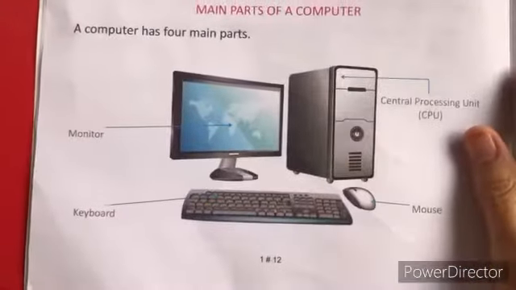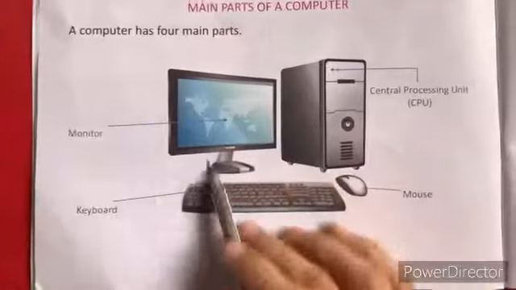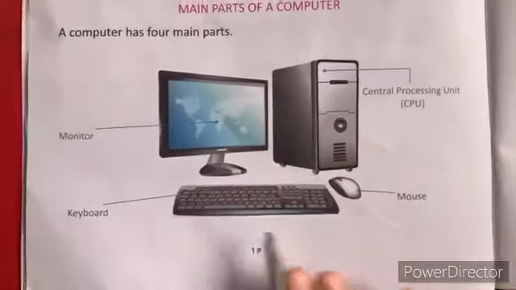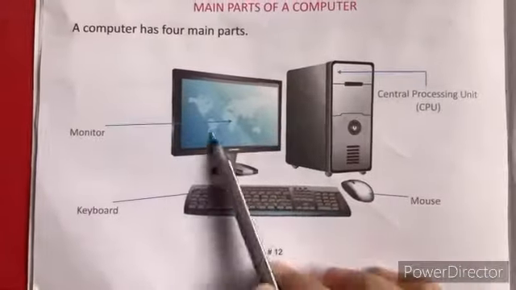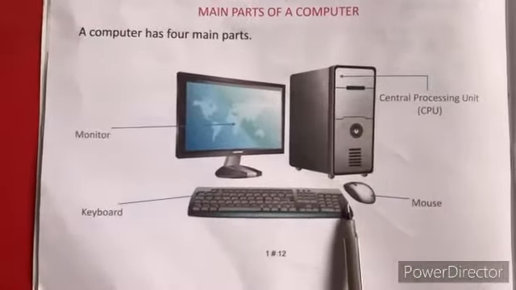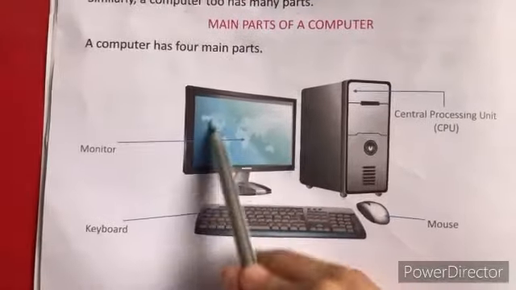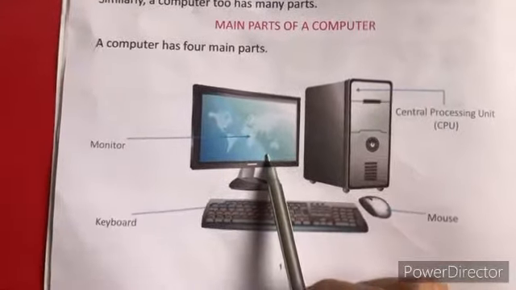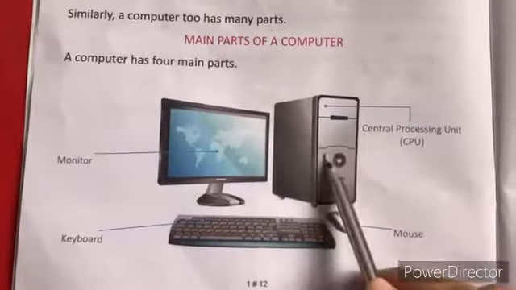See here in your textbook, this is a computer, and all of this is part of the computer. This is the monitor, it looks like a television, right? This is the Central Processing Unit, CPU.